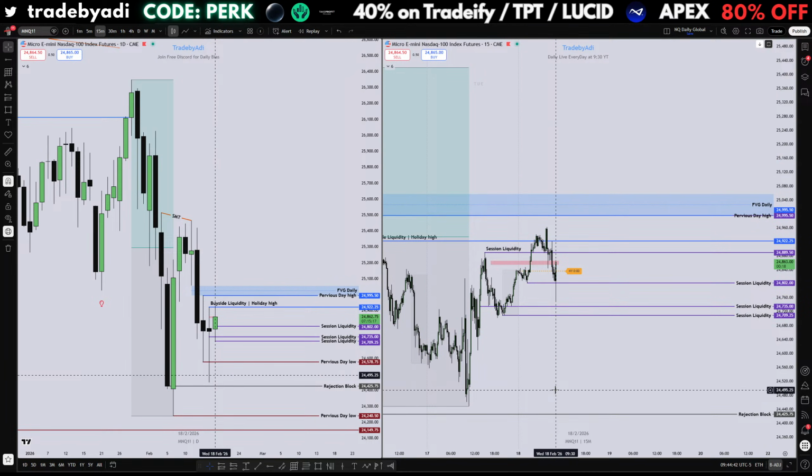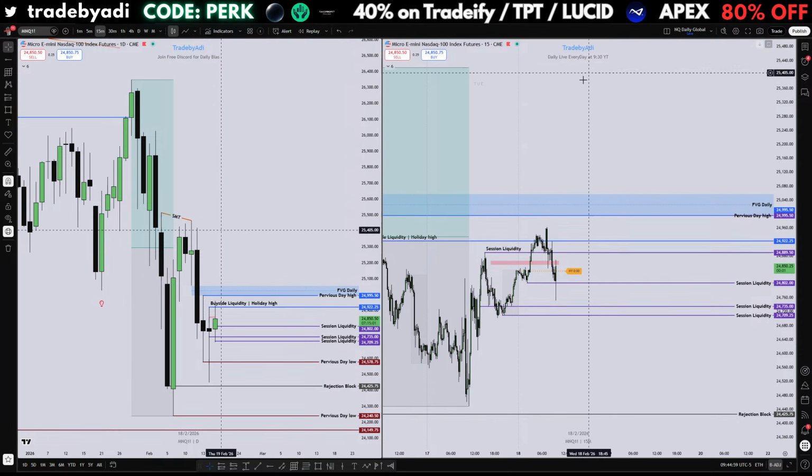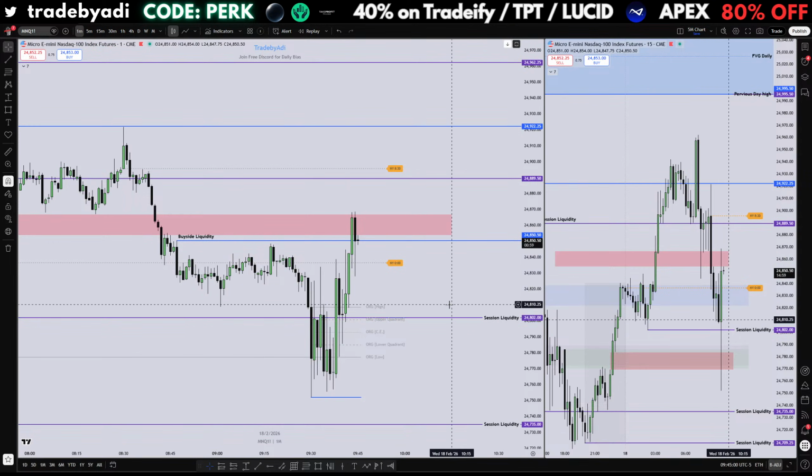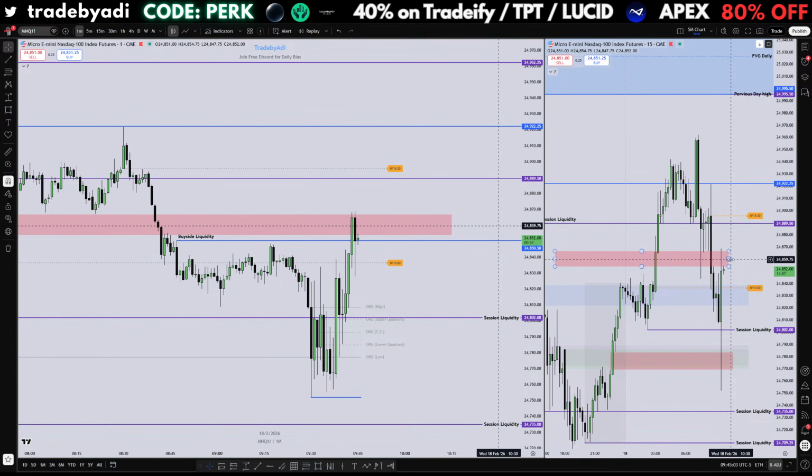The ES is pulling to the buy side liquidity. I wanna see the reaction from this gap.